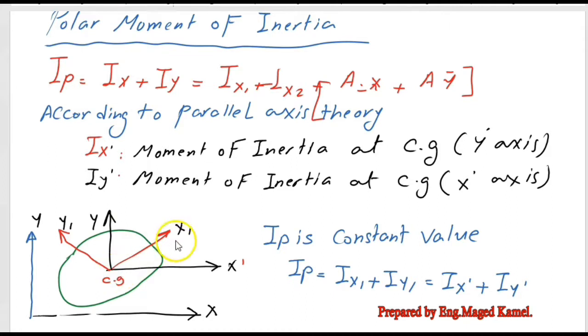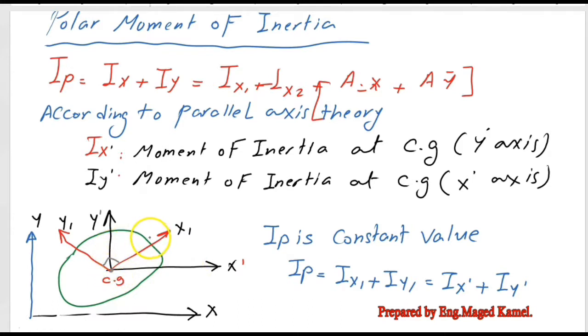It means that for any two arbitrary orthogonal axes, the angle should be 90 degrees. At first we have x dash, y dash, and then we choose two orthogonal inclined axes passing through the CG. The I polar equals Ix plus Iy.